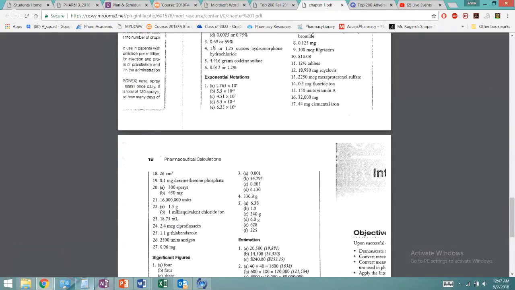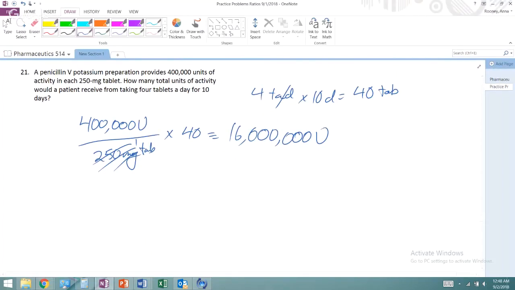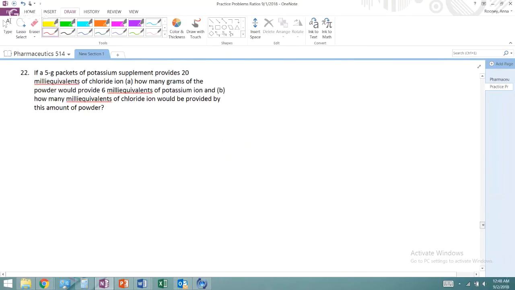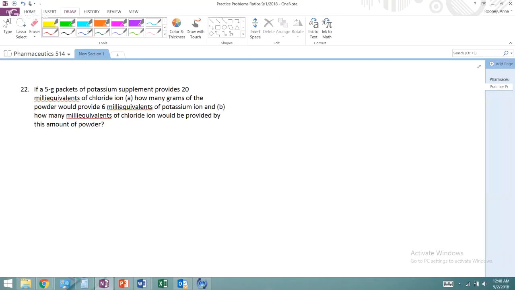Yep. So they received 16 million units. So this is just like a red herring. Red herrings are things in mystery novels which are supposed to send you on the wrong path. So that is what a red herring is in a question. That is your red herring, is that 250.